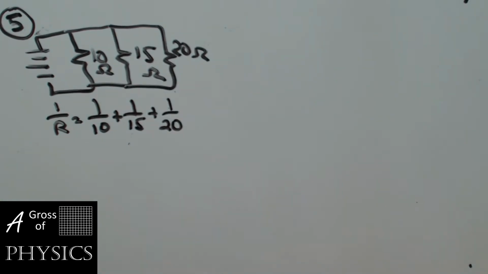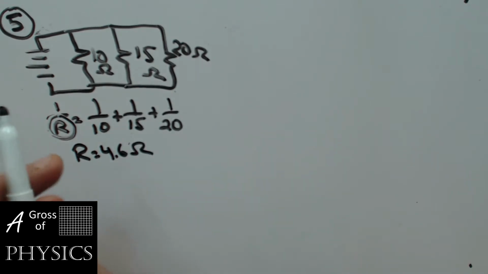So on the calculator, we're going to use the x to the negative 1 button. So it's going to be 10 x to the negative 1 plus 15 x to the negative 1 plus 20 x to the negative 1. We're going to get an answer, but that equals 1 over R, so we have to reciprocate that as well. We have R is 4.6 ohms, and that's choice 3.